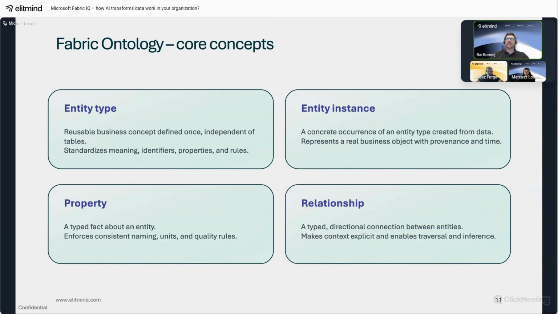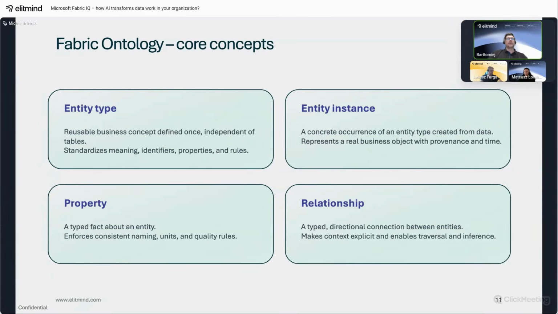Next, we have a property, which is just a typed fact about an entity, which is derived and linked from a specific column, but can be named in any way we want, and has defined unit and quality rules. And last, we have the relationships, which are typed, directional connections between the entities. And they are crucial because they utilize keys that we have defined on our data.